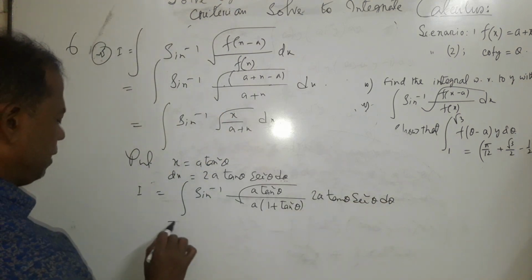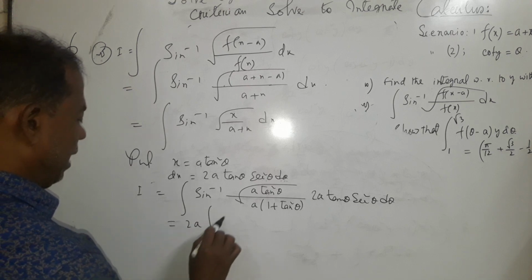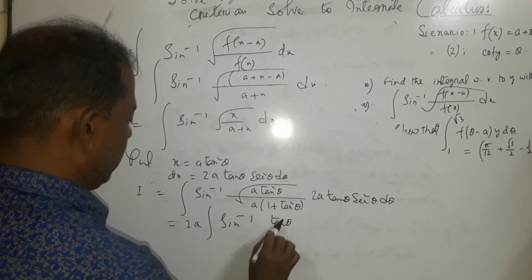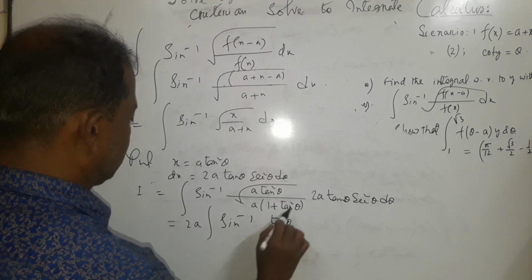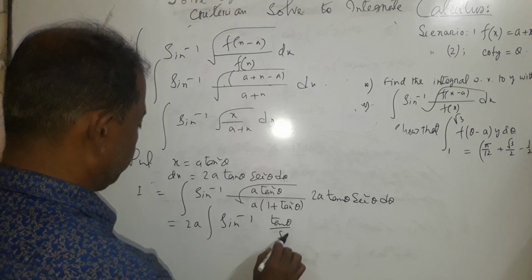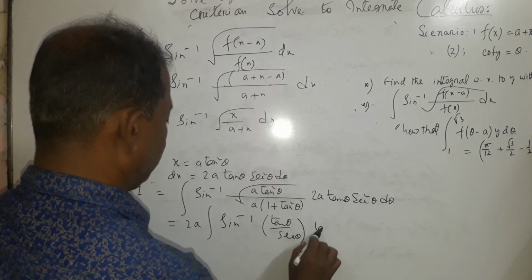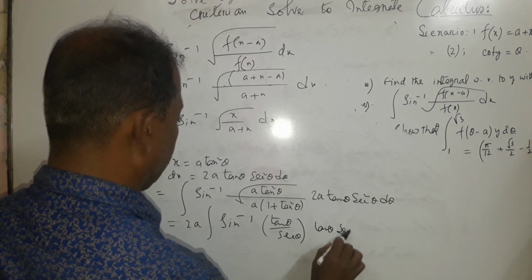That means twice a, sin inverse of tan theta divided by sec square theta, times tan theta sec square theta d theta.